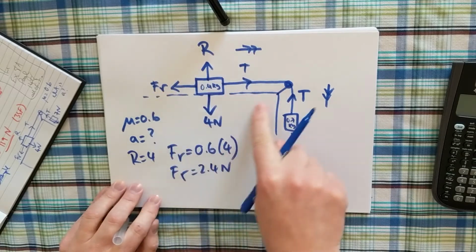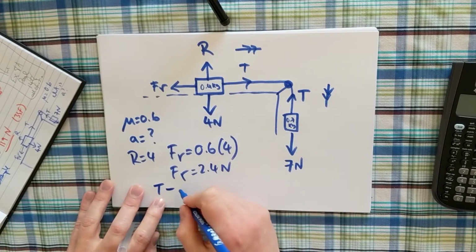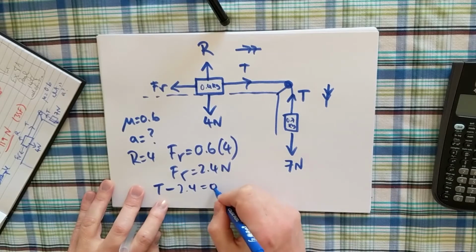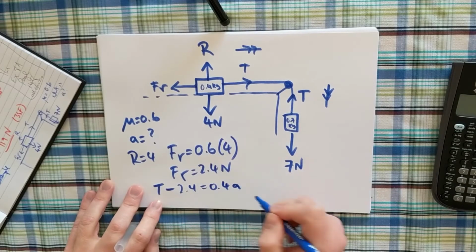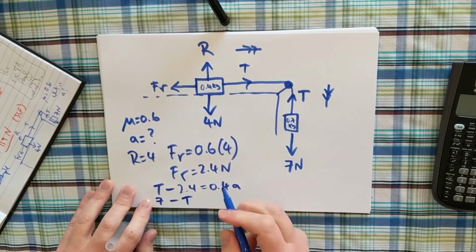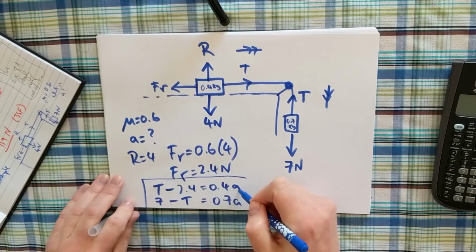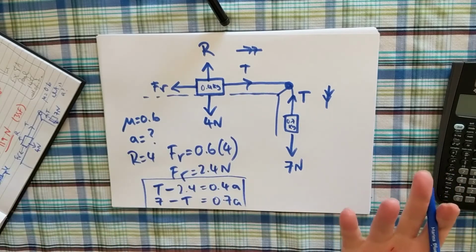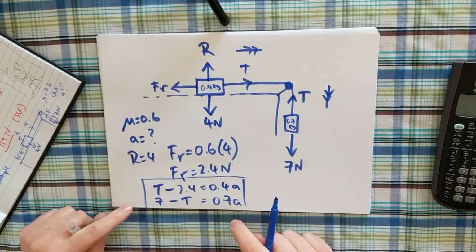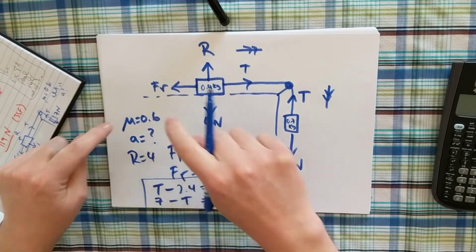And then just focusing on this object, I can say that T minus friction, 2.4, is equal to the mass times the acceleration. Using this one as it's going down, I've got 7 minus the tension is equal to 0.7a. And really, it ends up being like a classic question that we've already done. The only difference is, to start off with, we didn't know that force, but we find it by using the coefficient of friction.